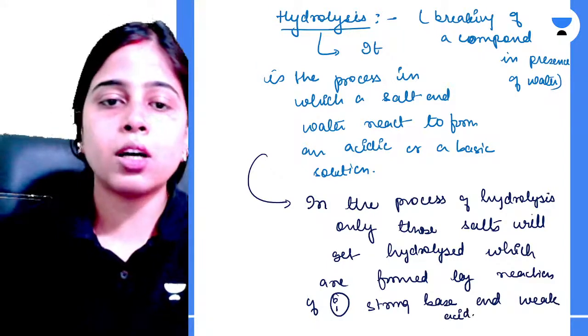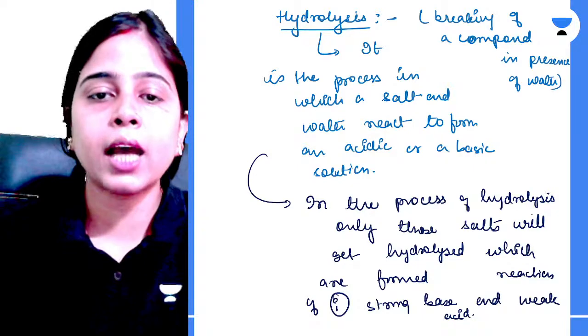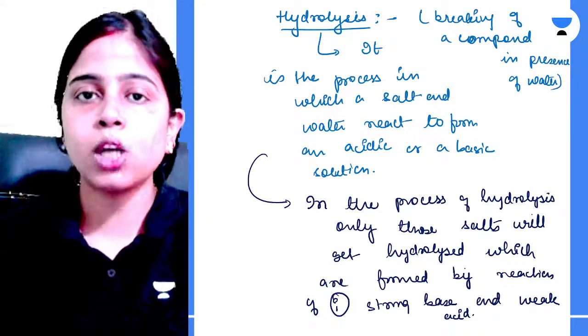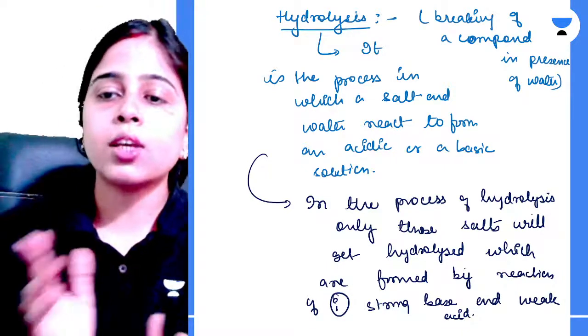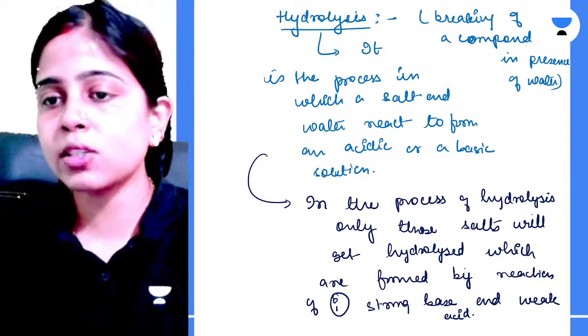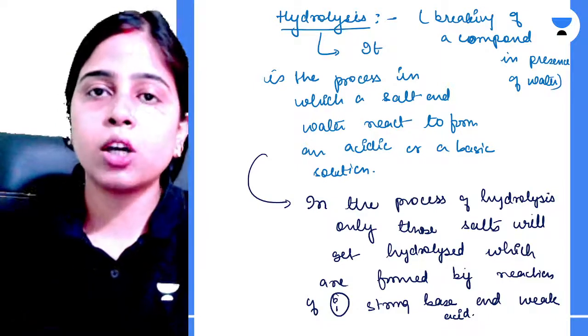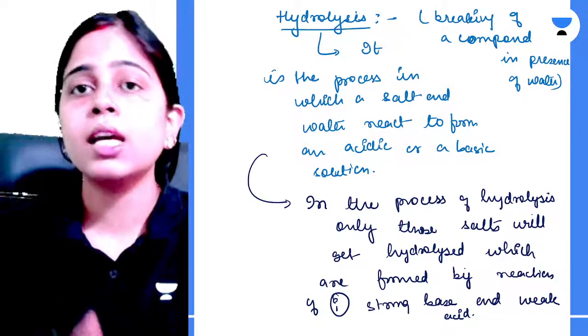Okay, strong base and weak acid, or strong acid and weak base, means one has to be weak. You already know that your salts are produced when your acids and bases react together. So if your base is strong and acid is weak, the salt that is formed is basic salt, and that will get hydrolyzed. Or if you are reacting a strong acid with a weak base, the salt that is formed will have acidic components, that is your acidic salt.